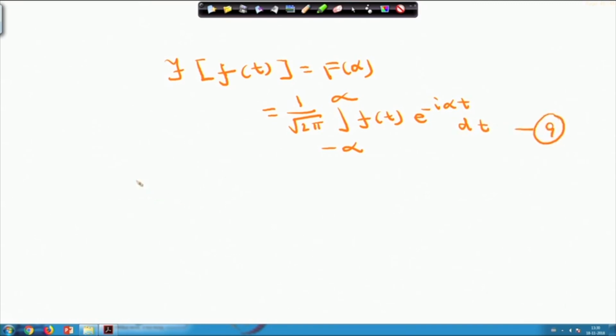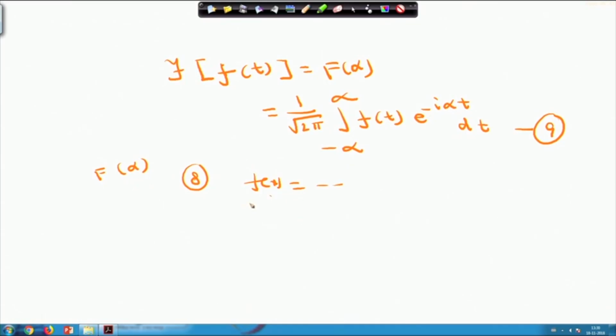So, if capital F(alpha) exists, then equation 8, where we have defined f(x) equals the integral, is known as the inverse Fourier transform of F(alpha). So, from 8, if I know F(alpha), I can tell what is the value of f(x).